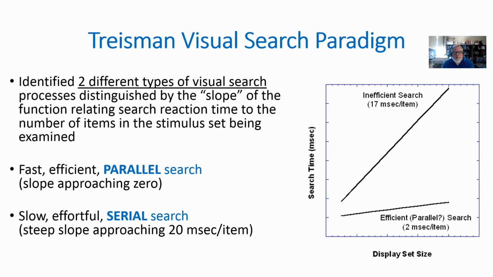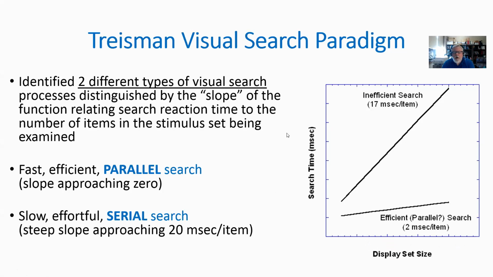And what Treisman identified was that there are two very different types of visual search that can occur, and that these two different types of visual search can be distinguished by the slope of their search function. And what we see here on the right is the plot of two search functions. What we see on the x-axis is how many distractors there are up on the screen that you're searching.